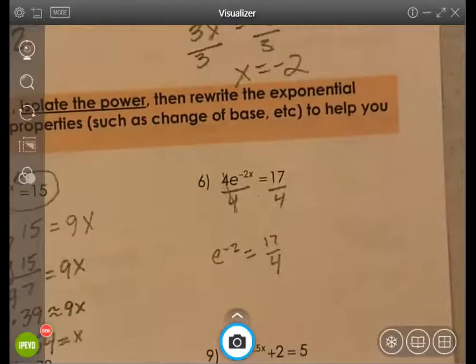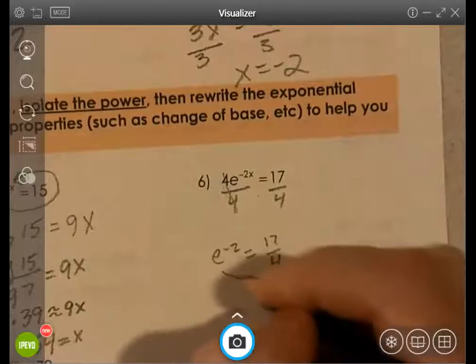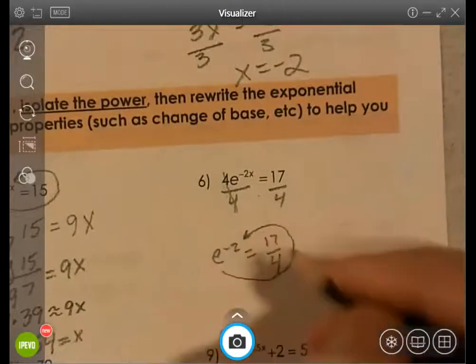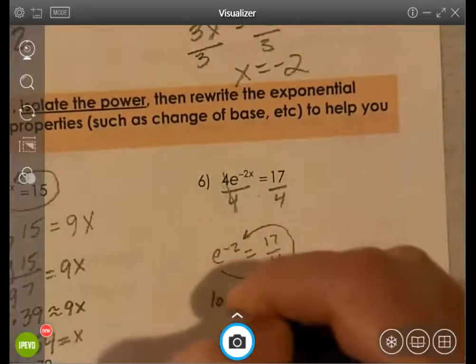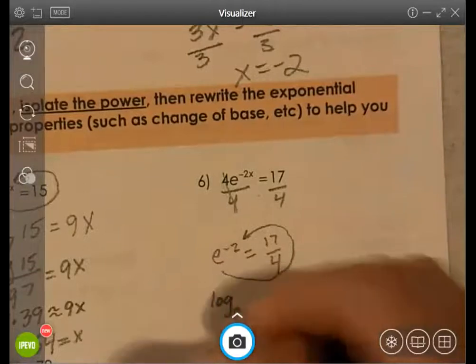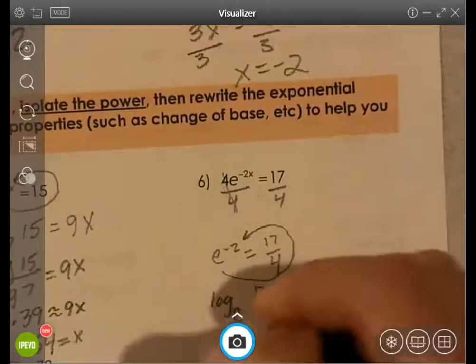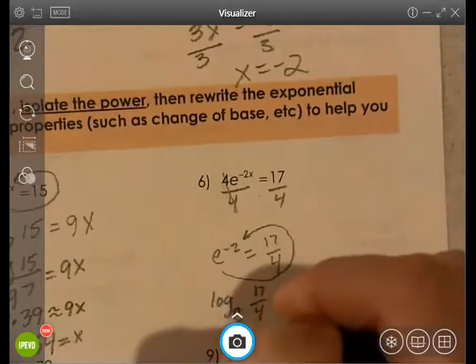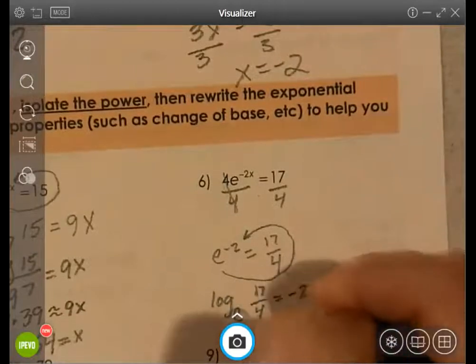Now you could do a decimal, 17 divided by 4. That's going to go in there 4¼ times. But there's really no need to do that. We can call that log base e of 17/4. That equals the exponent.